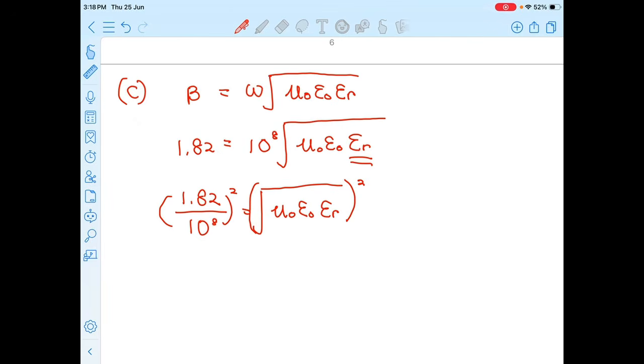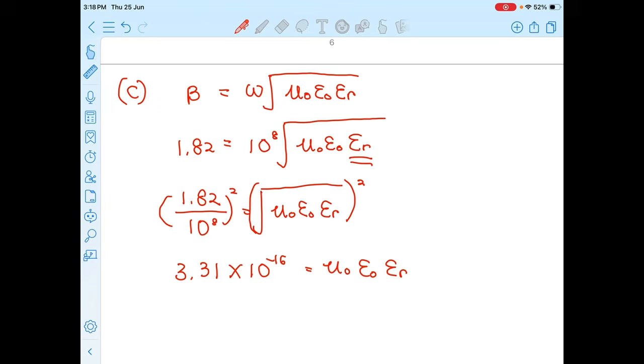So 1.82 divided by 10 power 8, and then I square the answer. It is very small, 3.312 times 10 power negative 16, equals mu naught, epsilon naught, and epsilon r.